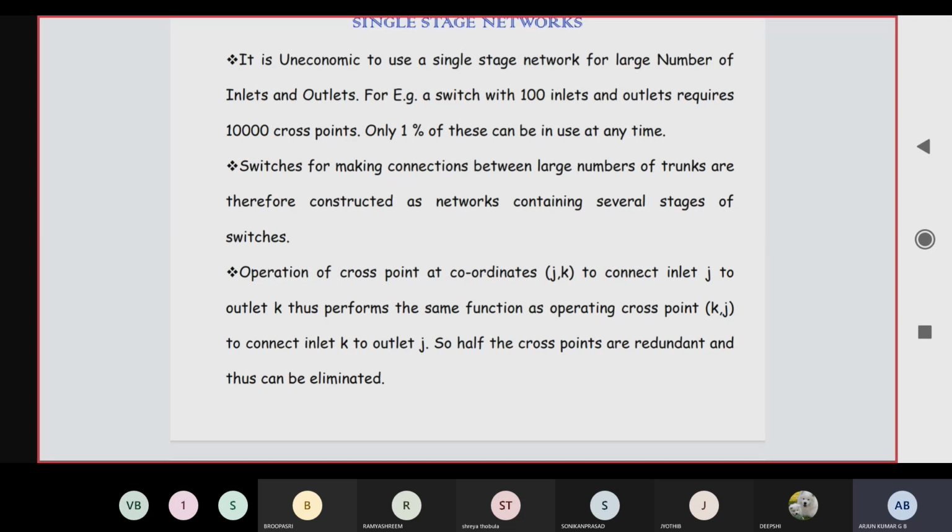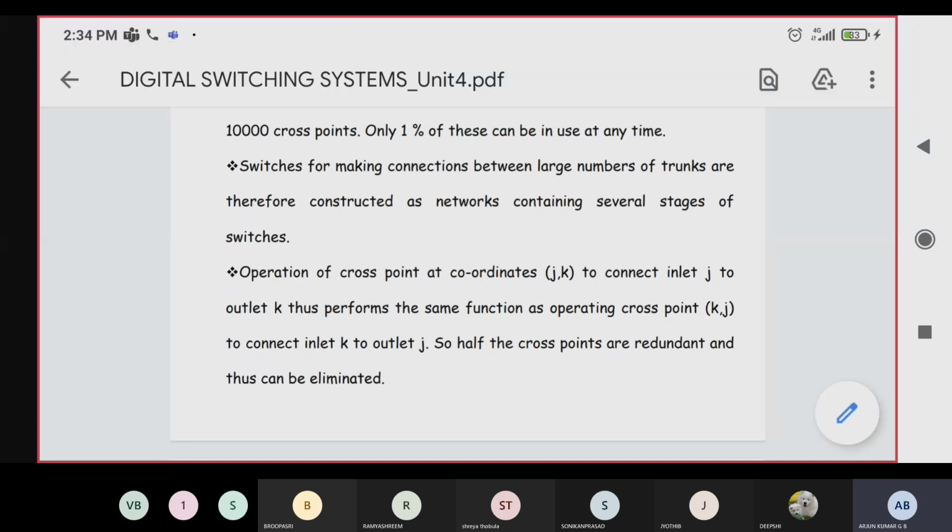All the 50 will make a group, and some of the lines in the 50 will be interconnected with some other group also. That way we can reduce the number of crosspoints and use them efficiently. That's why they introduced several stages in the networking system.